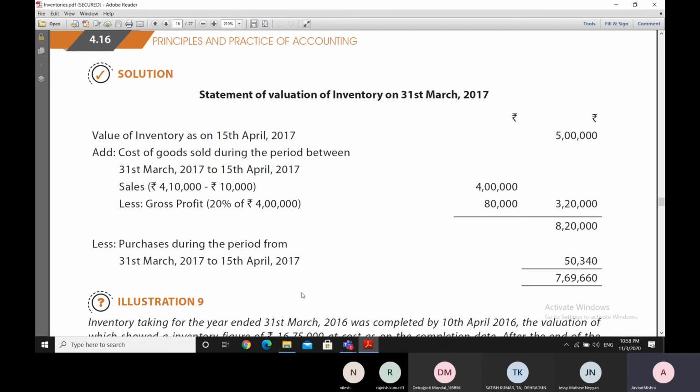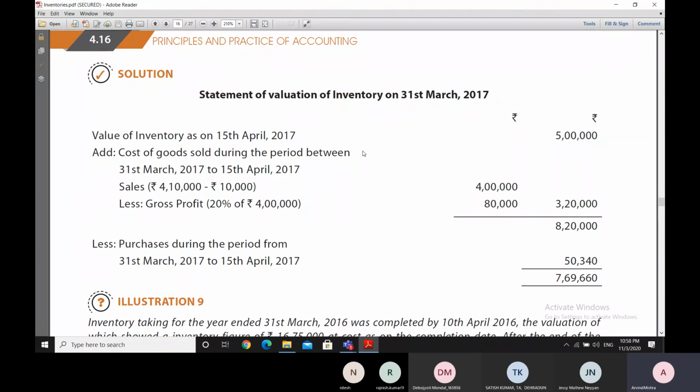Then we will have to add the cost of the goods sold during this period, which is coming to 3,20,000, and therefore we are getting the final inventory of 7,69,660.